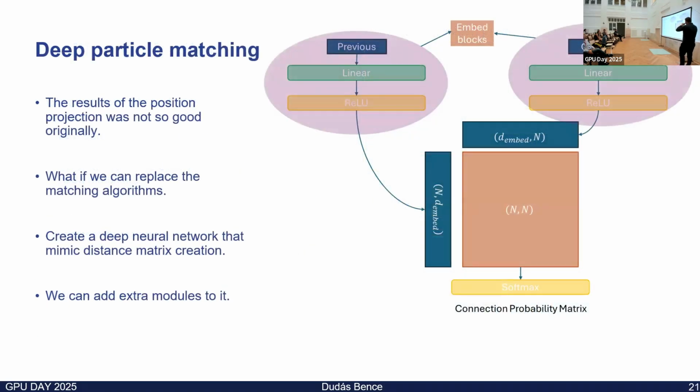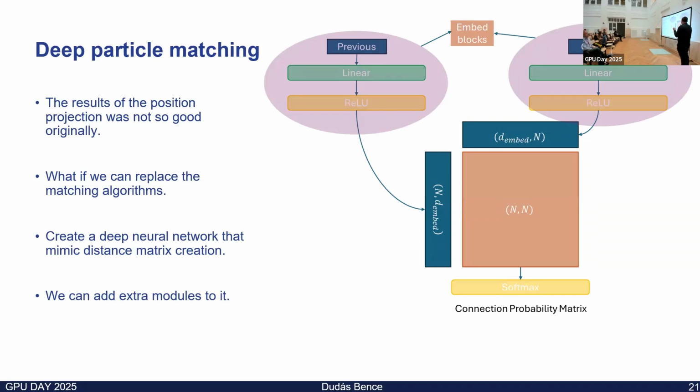Now, when I started to work on that position projection algorithm or model, originally it didn't improve too much on the accuracy. So this is why I started to work on a different kind of model, a particle matching model.